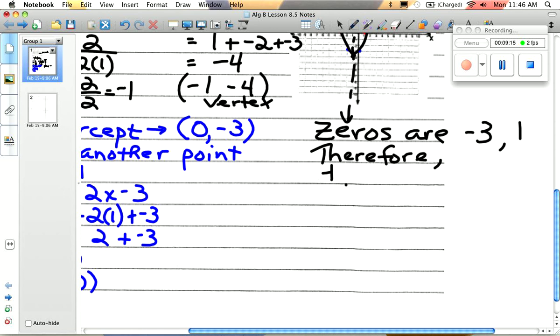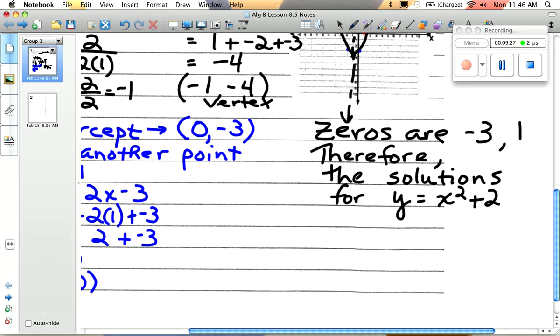the solutions for y equals x squared plus 2x minus 3 are what? What do you think they are?